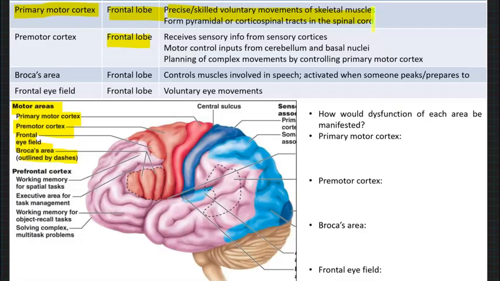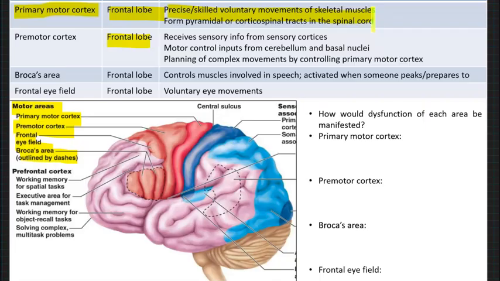So the occlusion and subsequent death of brain tissue will result in your inability to send those signals to your muscles, and it will result in contralateral paralysis. We're going to talk about why it is contralateral eventually. Does that make sense to you?